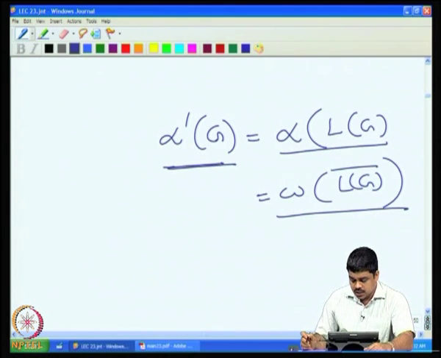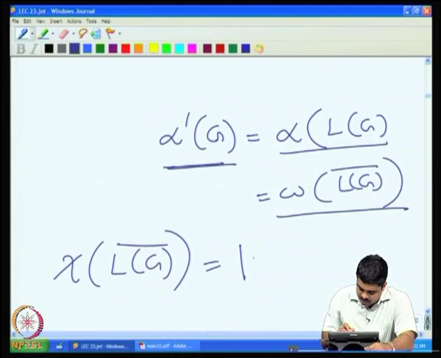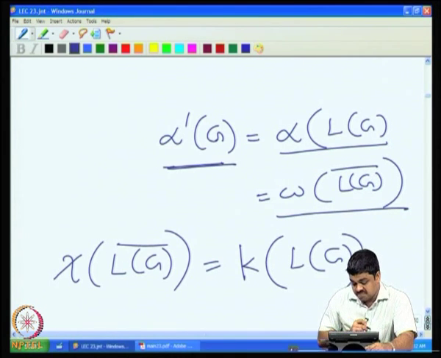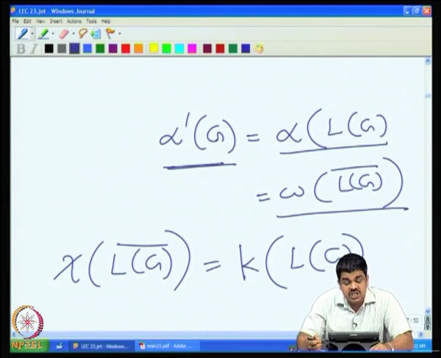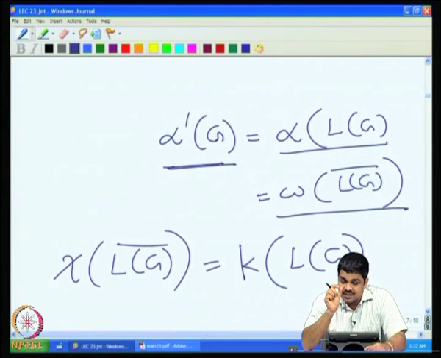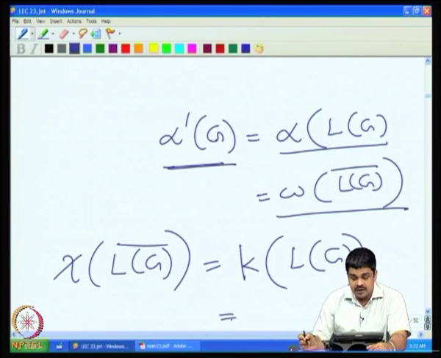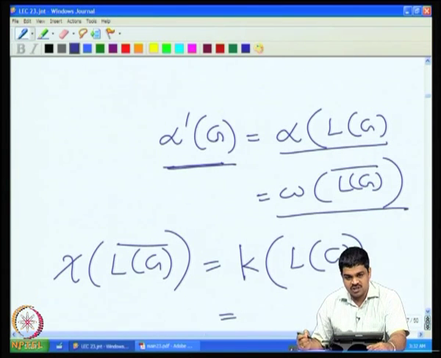Now, what is the chromatic number of the complement of L of G? Essentially, that is the clique cover number. I can use K for that, K of L of G, right. As we have seen, each clique of the line graph of the bipartite graph corresponds to the collection of incident edges on a vertex in the original graph. The vertex set of the line graph is essentially the edge set of the original bipartite graph.